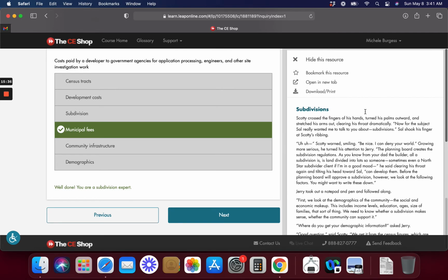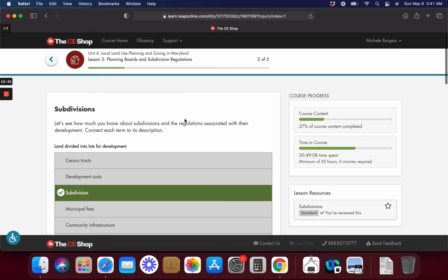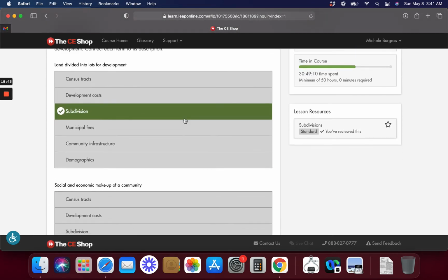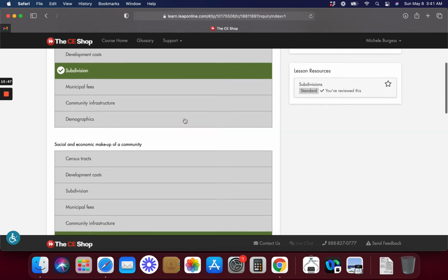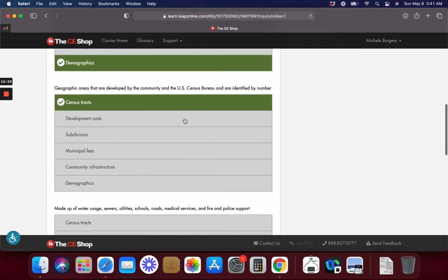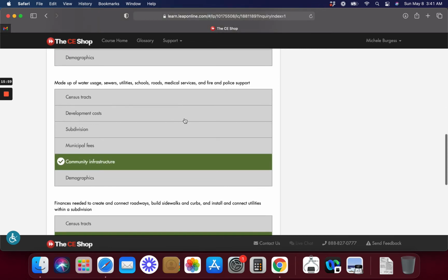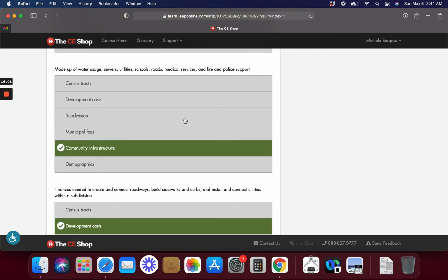Okay. All right. So I'm going to go through this slow in case you need to take a picture. Land divided into lots for development, subdivision. Social and economic makeup of a community is demographics. Geographic areas developed by a community in the Census Bureau, census tracts. Made up of water usage, utilities, schools, roads, medical services, fire, police support, community infrastructure.